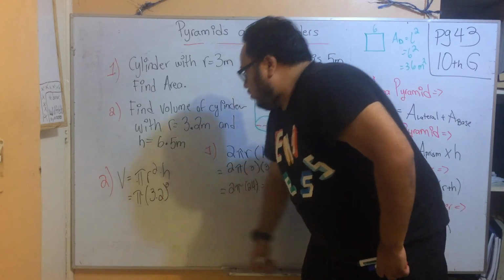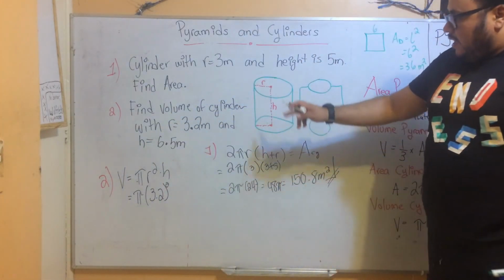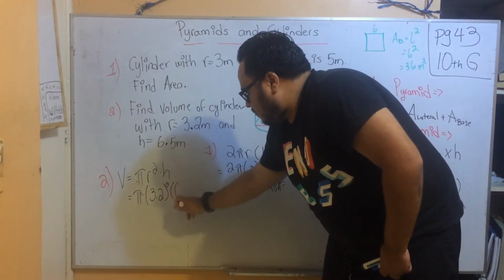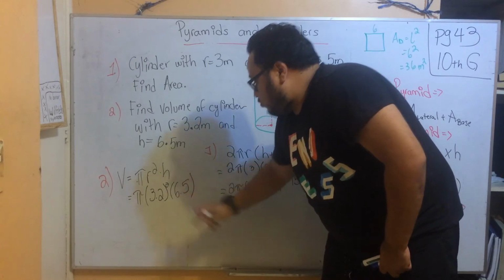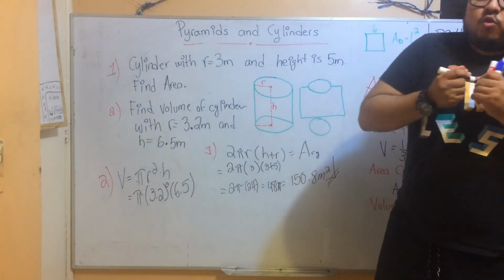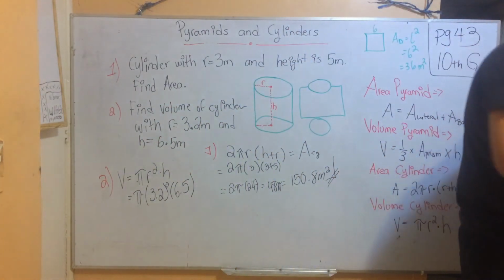Remember that these are units, and times the height, which is 6.5, and this one is also units. That's why the units squared give us square units, and when we multiply times the height, it gives us cube units.